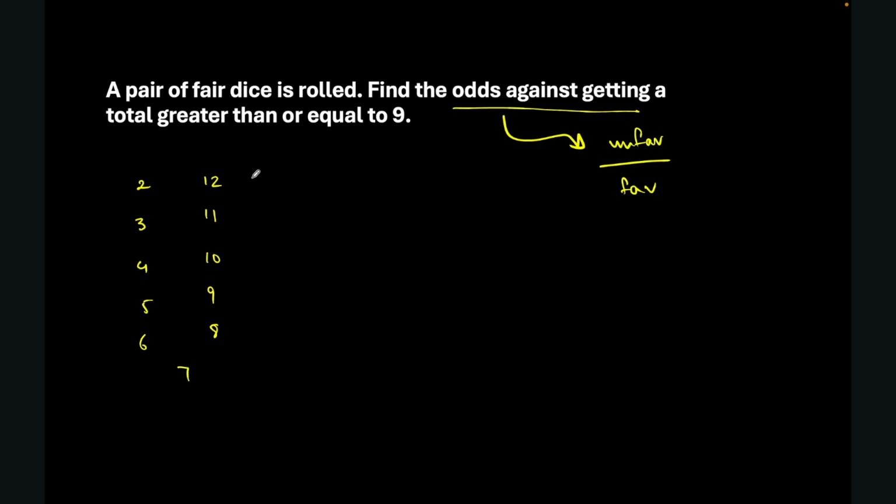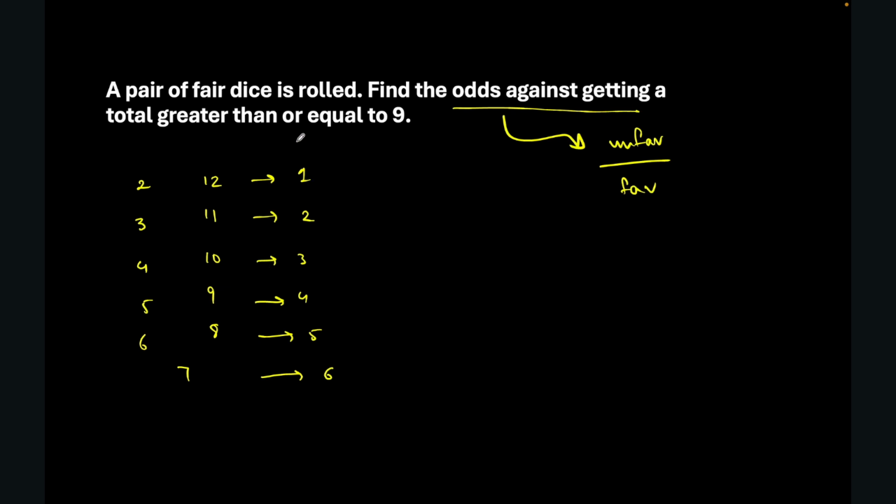The chance of occurring is 1 here, 2 here, 3 here, 4 here, 5 here, 6 here, and 1 and 1 each on the other side. So 2 plus 4 plus 6 plus 8 plus 10 plus 6, kind of like that.